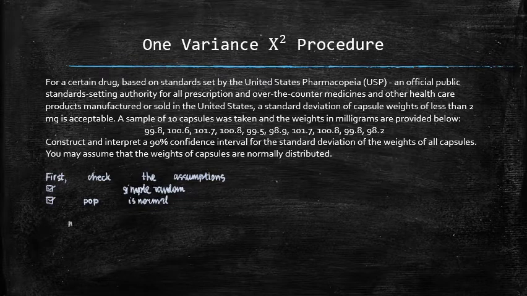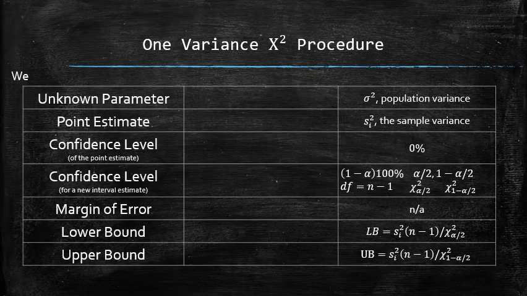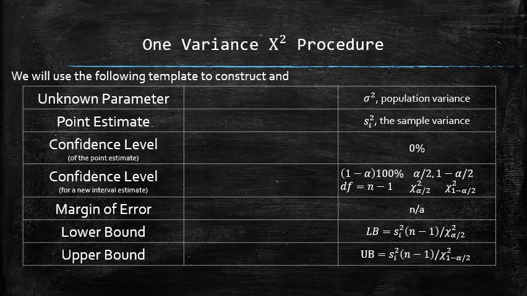Also, note that the sample mean and variance are respectively 100.18 and 1.32. Once the assumptions are verified, we may apply the procedure. We will use the following template to construct and interpret the confidence interval.